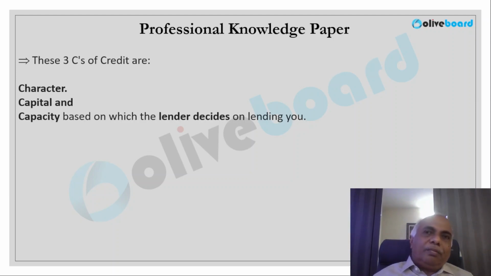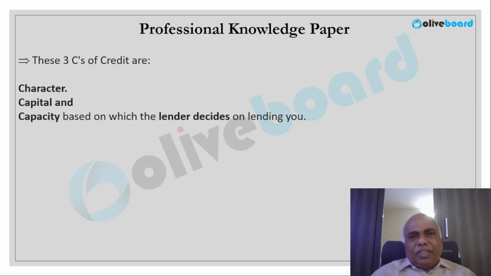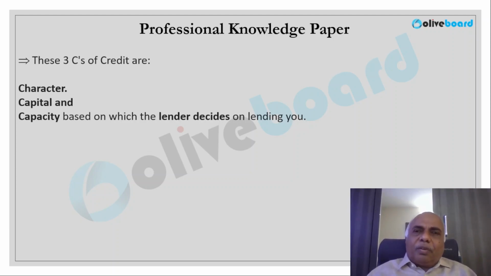The capital. For every business, his own contribution is required. That is capital. Suppose a car is required by the borrower, and he says, sir, I will contribute 40%, and the remaining 60% only the bank will give as loan. Then the bank is safe. Why?